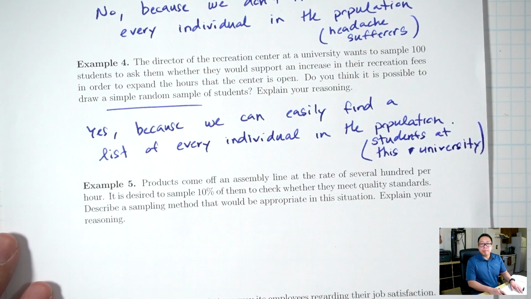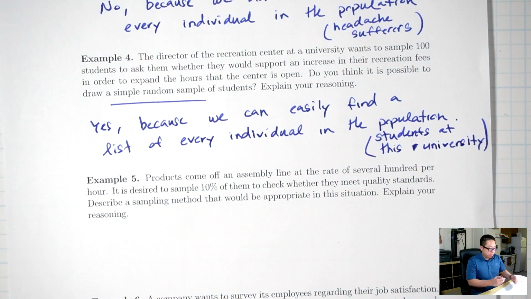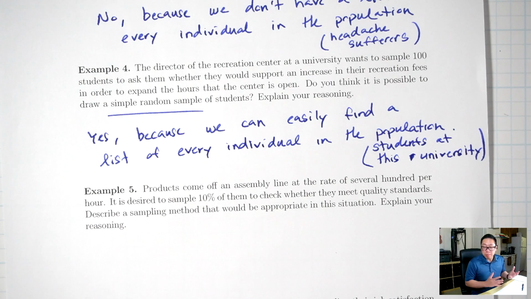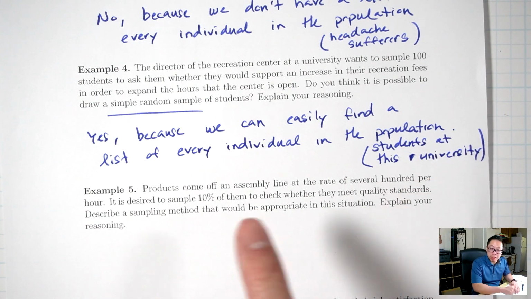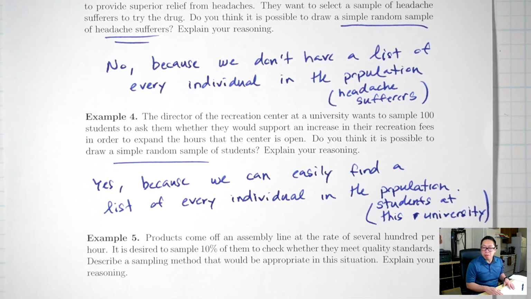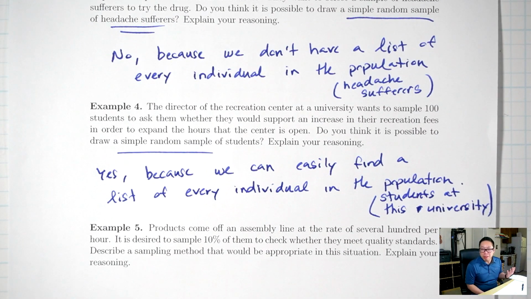In this case, it's easy, right? On a computer somewhere, there's a list of every student at this university so that we can do a simple random sample. In the headache case, the population is headache sufferers. There's probably not a list somewhere of every headache sufferer in the population. And that's why that's no.